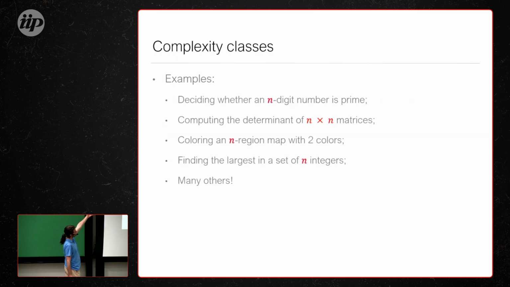For instance, deciding whether a number is prime, computing the determinant of a matrix, coloring a map with two non-adjacent colors, assuming that's possible, or finding the maximum of n integers. All of these problems and a huge heap of others, any problem you can solve in polynomial time, typically quadratic or cubic time at most, fit in this big complexity class called P.